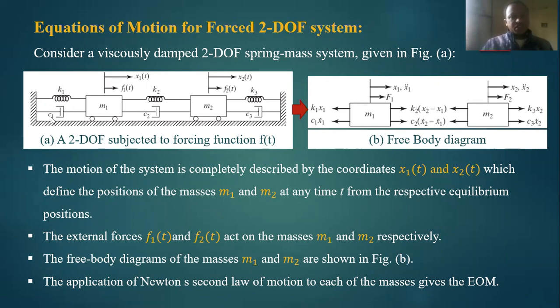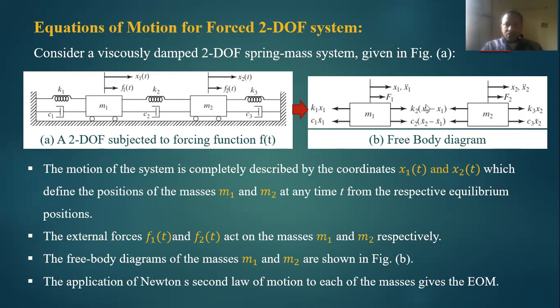Sometimes if it is an undamped system, then C1, C2, C3 will be given as 0, and the equation of motion will vary. But we can directly take this equation of motion and remove or neglect the terms which are not there. Or sometimes M2 is free from constraint in this direction, so we can give 0 for this condition. So this is the general form of a 2-degree of freedom motion in the linear form.